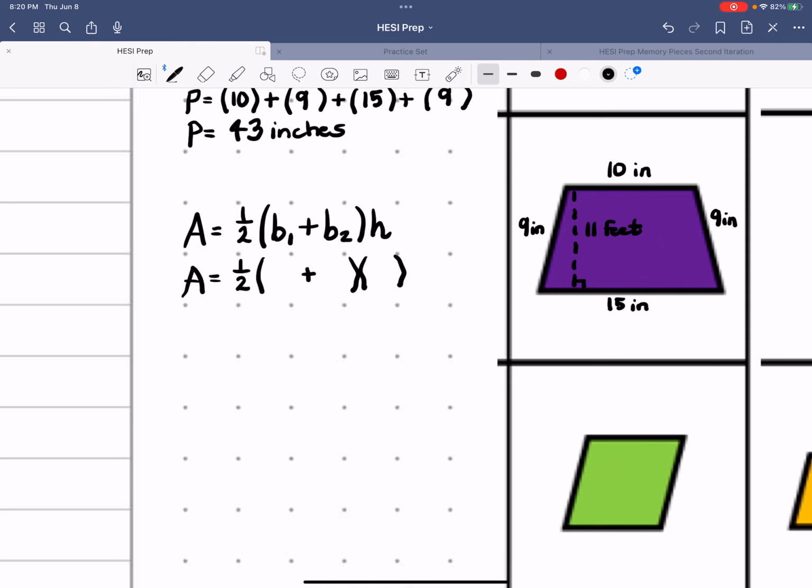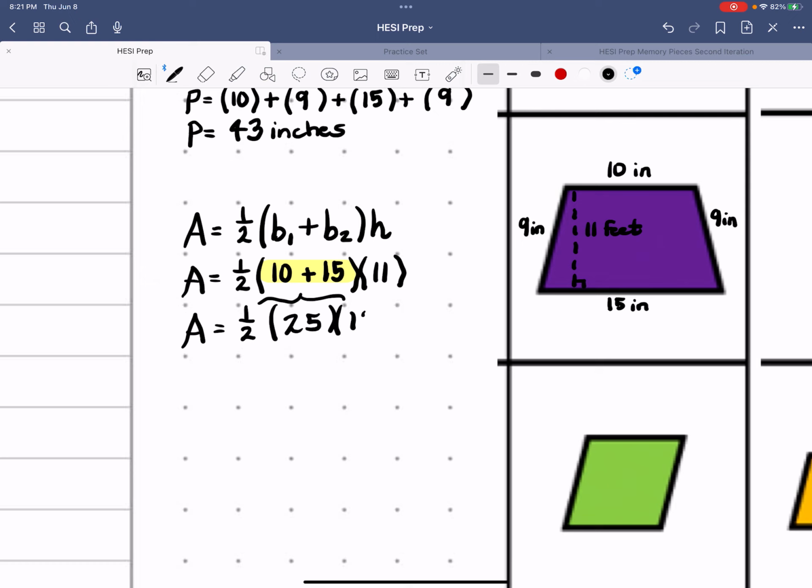I am going to put a pocket for H. H is 11 in my example. The bases here are 10 and 15. And you must follow the order of operations. So you have to do parentheses first. So we're going to do the parentheses to get 25.